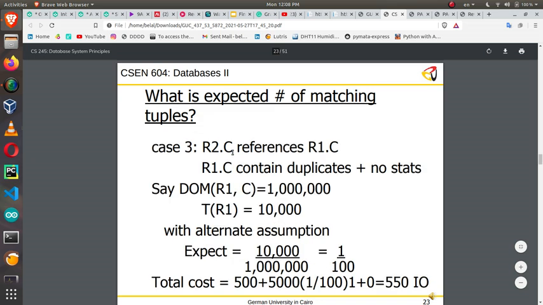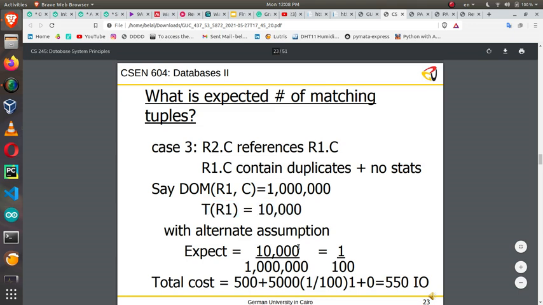The third case is when R2.c references R1.c, and R1.c contains duplicates, however we don't have statistics. Okay, so we know the data type of the columns R1.c and R2.c, so we can guess the domain, and of course we know the total number of tuples in R1.